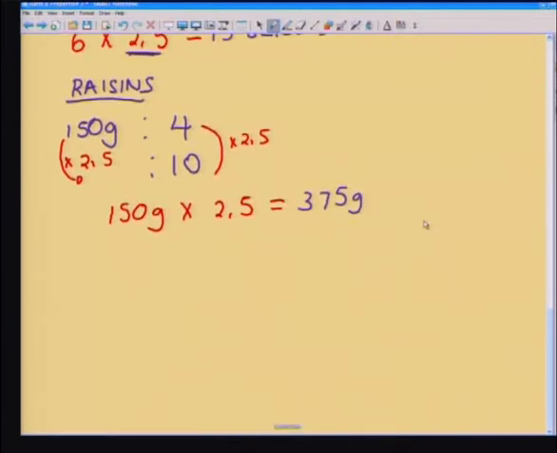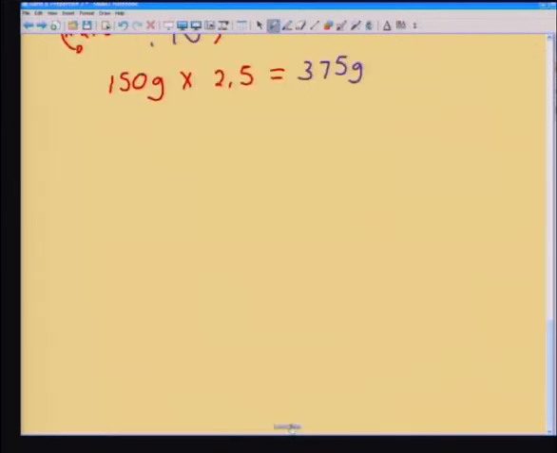The next ingredient on the list was eggs. They said you needed 2 eggs if you were going to make this recipe for 4 people. Exactly the same procedure. Now I'm looking at 10 people and I want to know how many eggs I'm going to need.